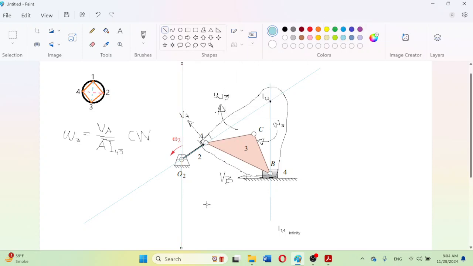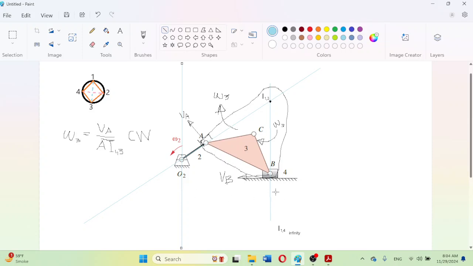This line is parallel to this line, because instant center I1,4 at infinity will be located on this line, and instant center I1,2 will be located on this line.